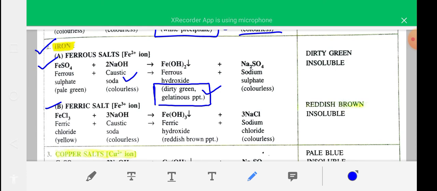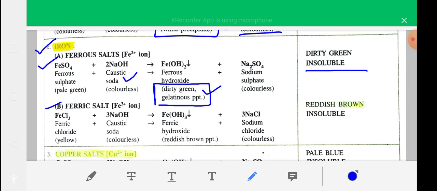Okay, so Fe2+ ion on treatment with caustic soda gives a dirty green gelatinous precipitate, and this dirty green precipitate is insoluble in excess sodium hydroxide. You have to remember both the reaction and observation.